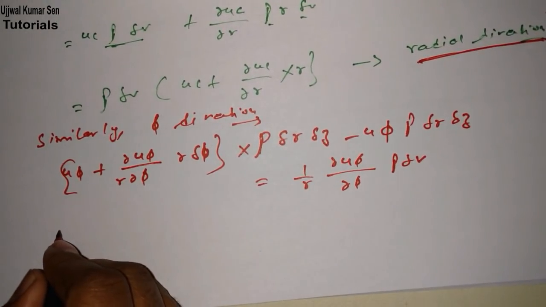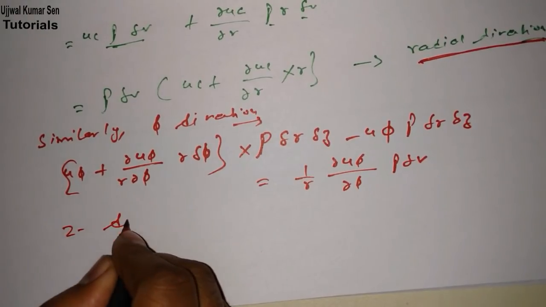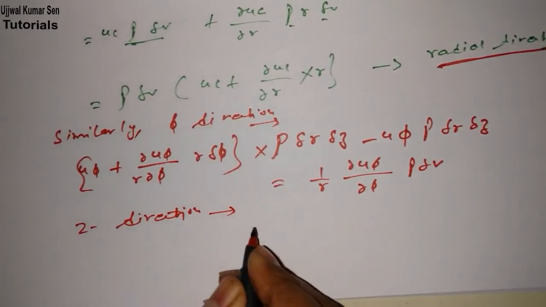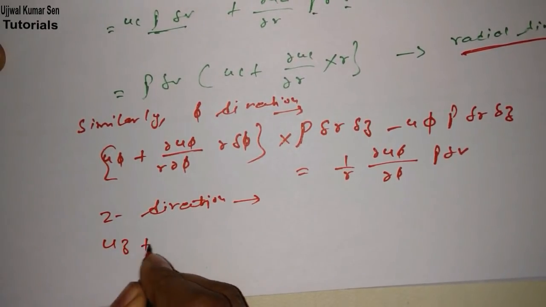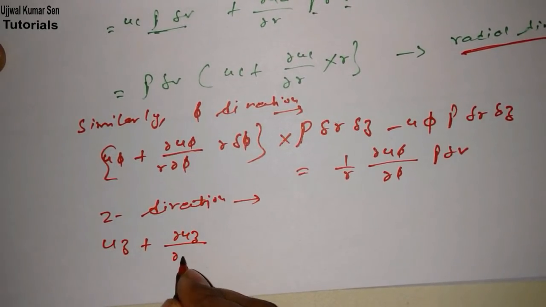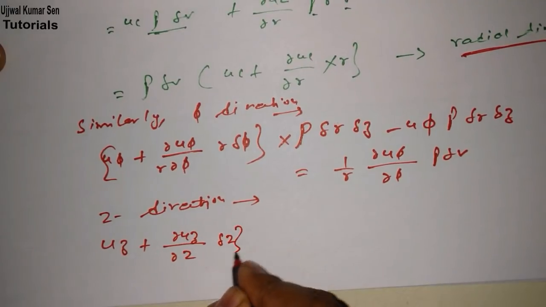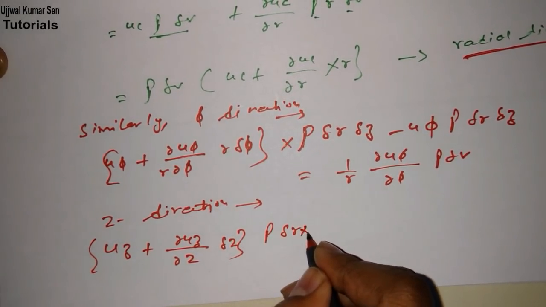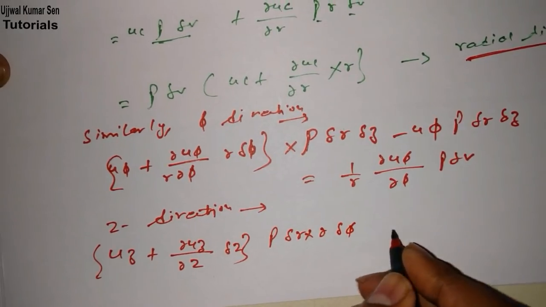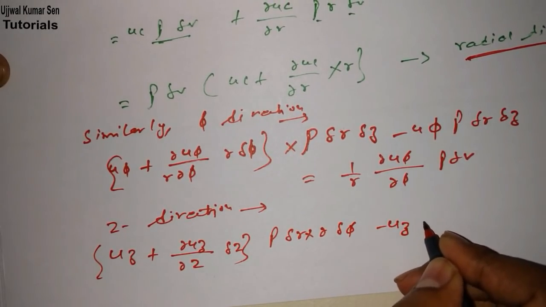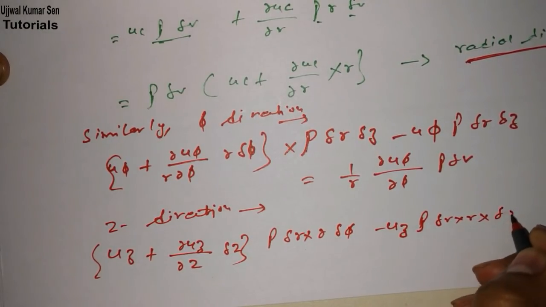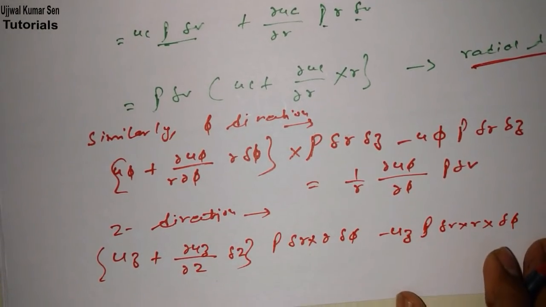Now I can say for the z direction what exactly we are getting. For the z direction we are getting here uz plus curly uz by curly z del z, right? And here rho del r multiplied by r del phi minus uz rho del r multiplied by del phi. Now what exactly are we getting?